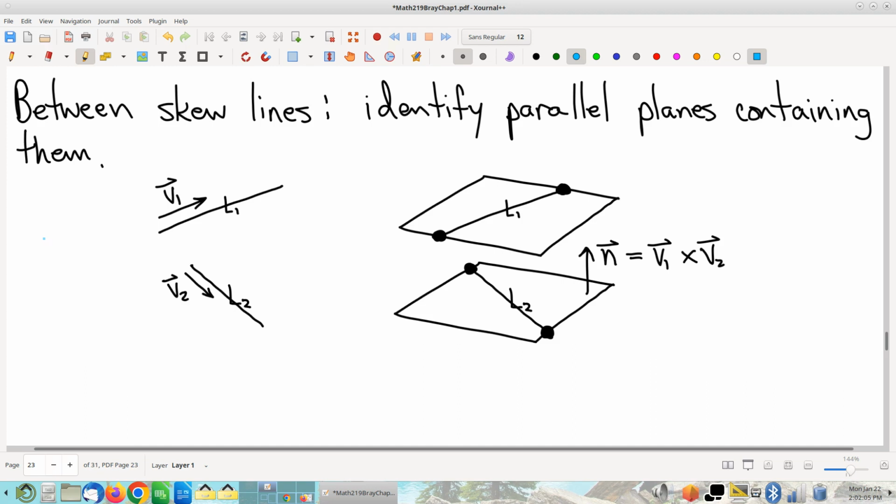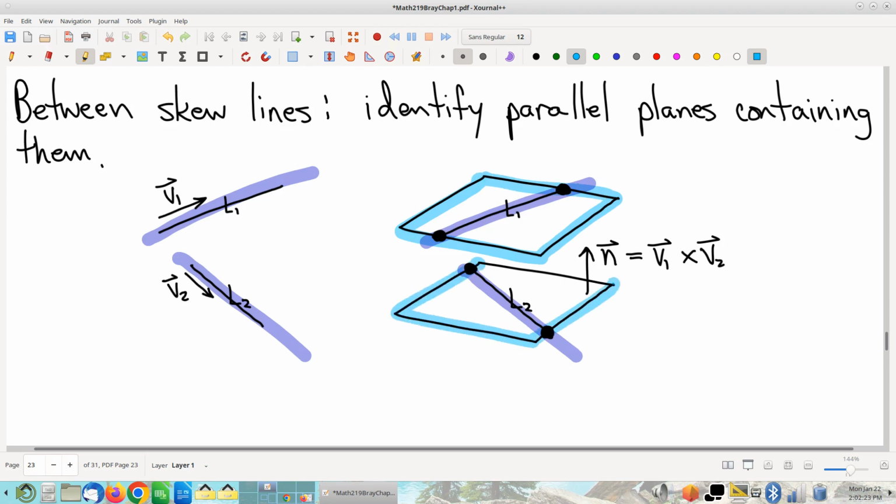Here's the thing that makes it straightforward. Beautiful observation. Whenever you have two skew lines, you can always find a way to put those two skew lines in parallel planes. And it's actually not even that hard to do.